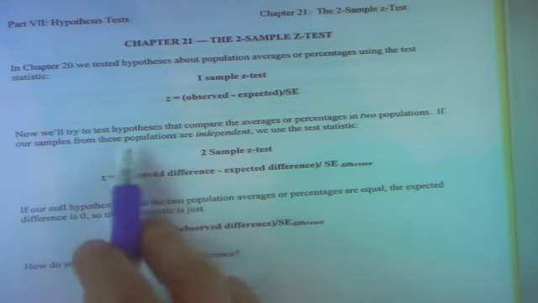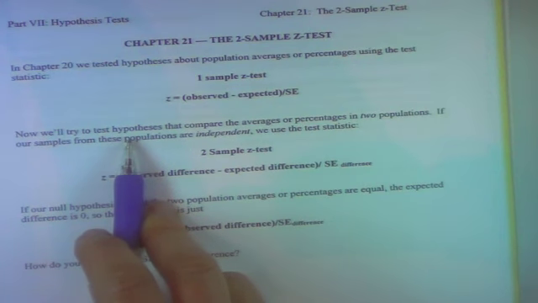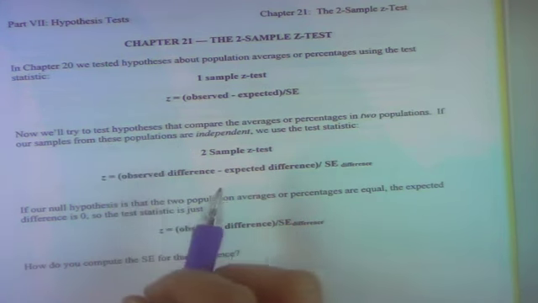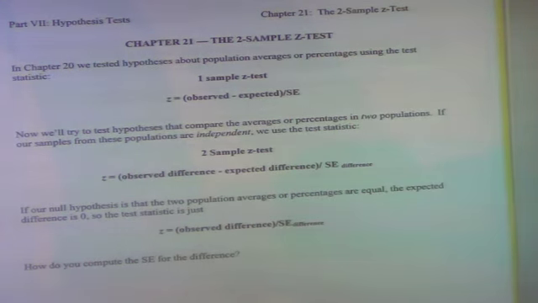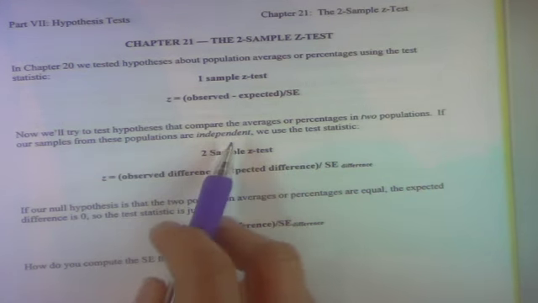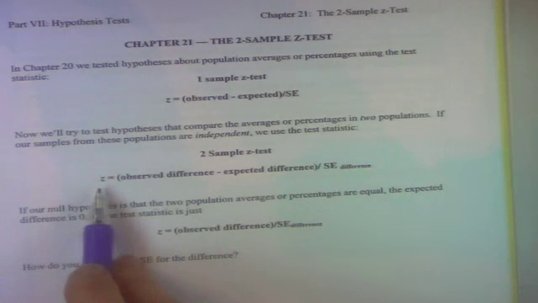But now we'll try to test hypotheses that compare the averages or percents of two populations. If our samples from these two populations are independent, meaning sampling from one doesn't change what we'll get from the other one, then we use a very similar test statistic.